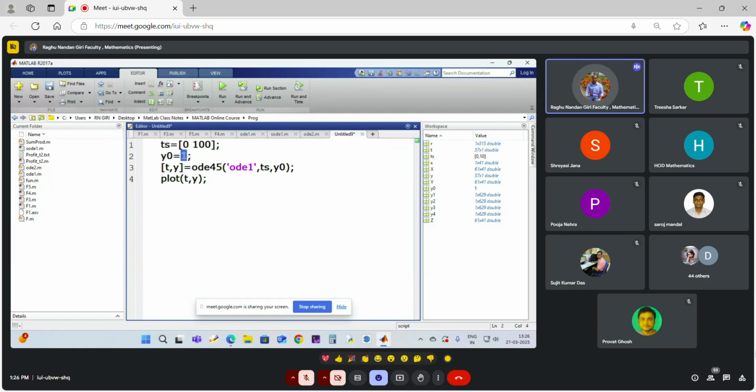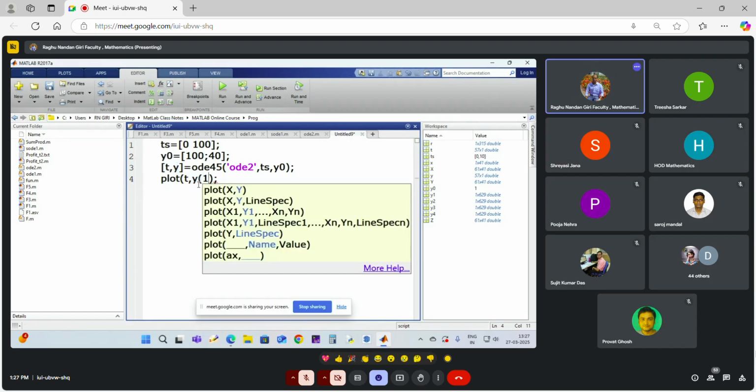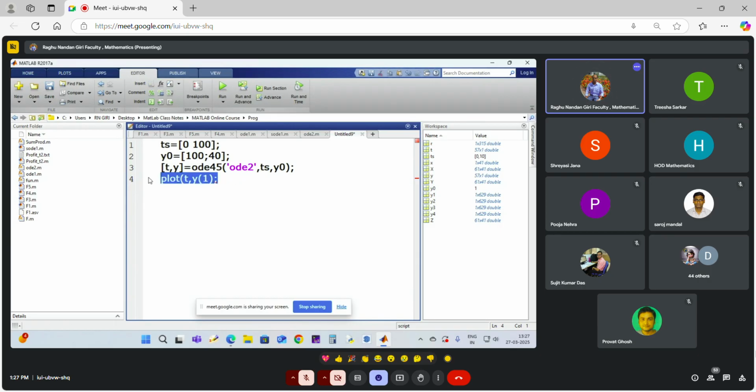Then the next is we have to write the script for that. Time span is suppose 0 to 100. The y0 value has two initial values: one is 100, semicolon, then 40. The ODE2 is y0, then plot t of y1.